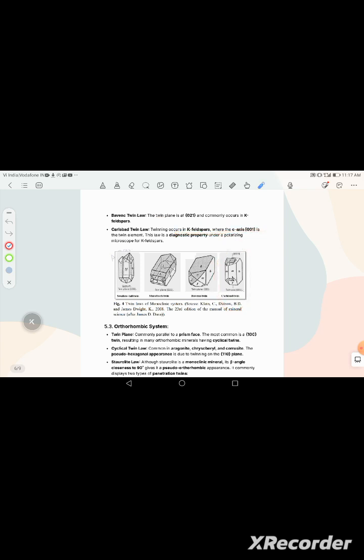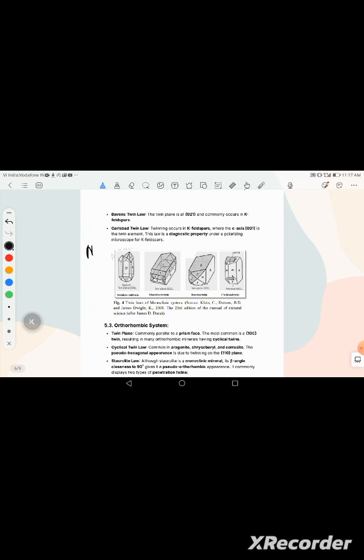So we should try to remember it. First is Manebach. So Manebach has the plane 001 we need to remember, and this diagram we need to write. Then comes the Carlsbad. So Carlsbad has the 001 axis.